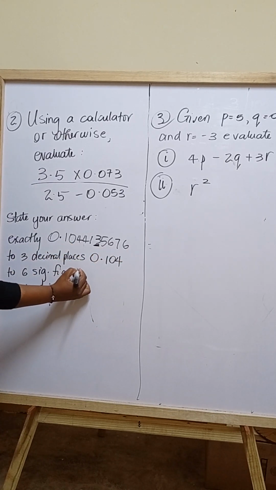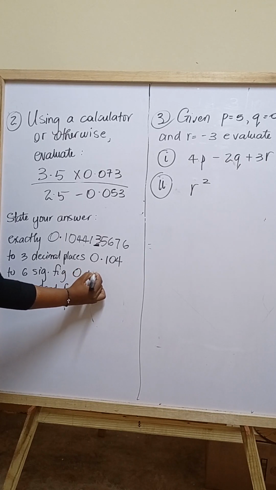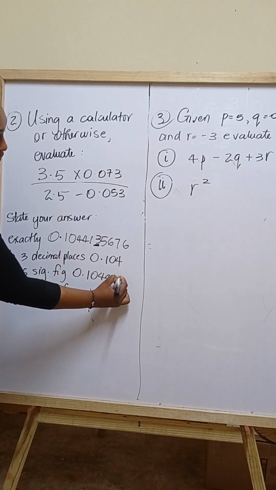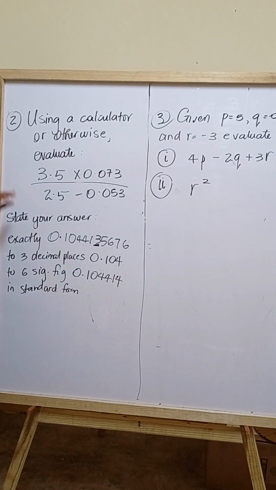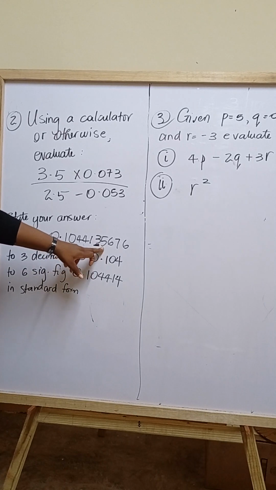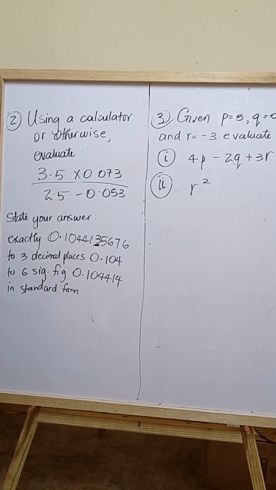So the answer is 0.104414. So we add 1 to the 3 because the digit to the right of the 3 is 5. And remember, the rule of rounding off says if it's 5 or more, you round up. Rounding up means you add 1 to the digit you are rounding.